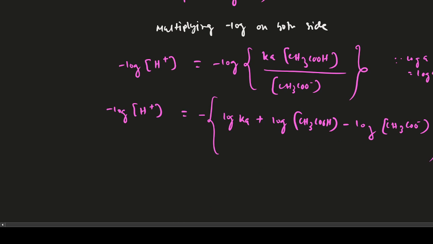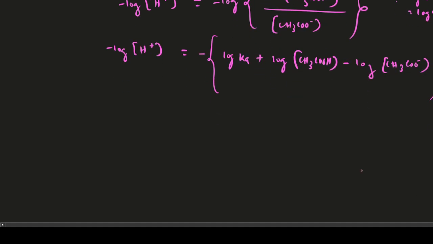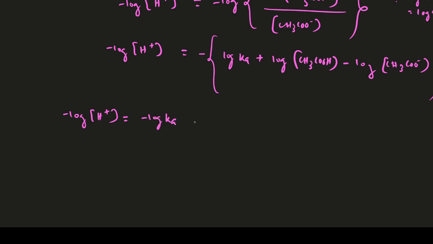Okay, now both the cases, here minus log H plus concentration, both the cases minus is there, so this becomes minus log Ka, and this becomes minus log of CH3COOH, minus minus becomes plus log of CH3COO minus.